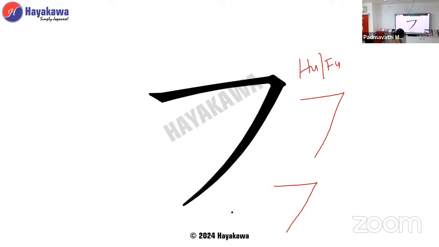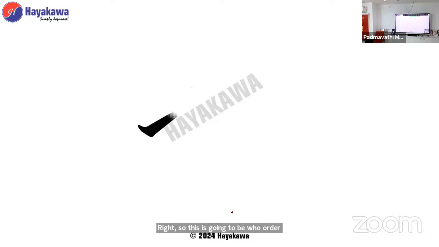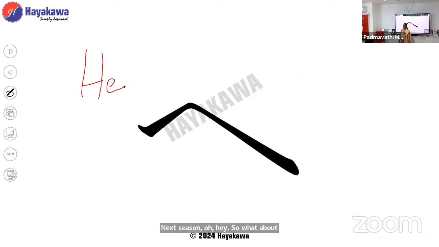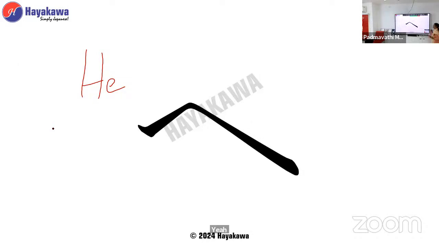So this is going to be fu or hu. Next is he. So what about hiragana he? What do you think about hiragana? Same, right? Same to same. So only this particular font is exactly similar to the hiragana version. Both are same.